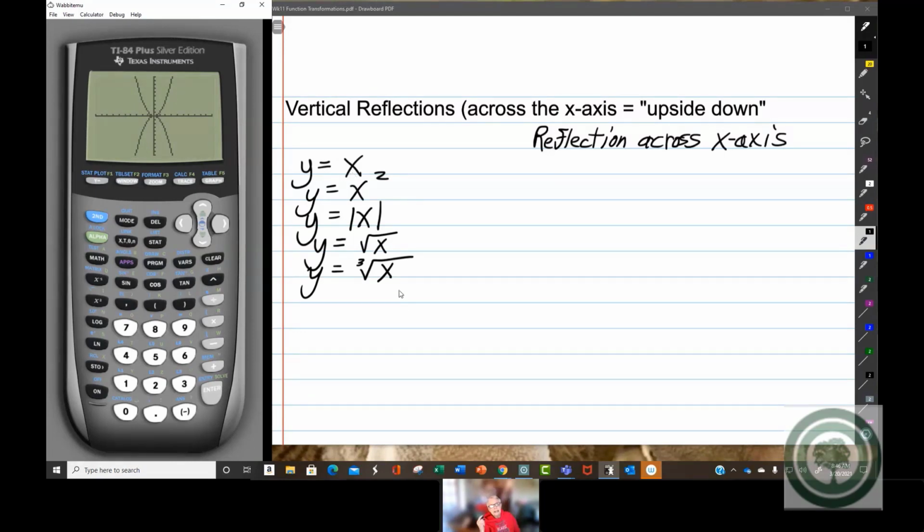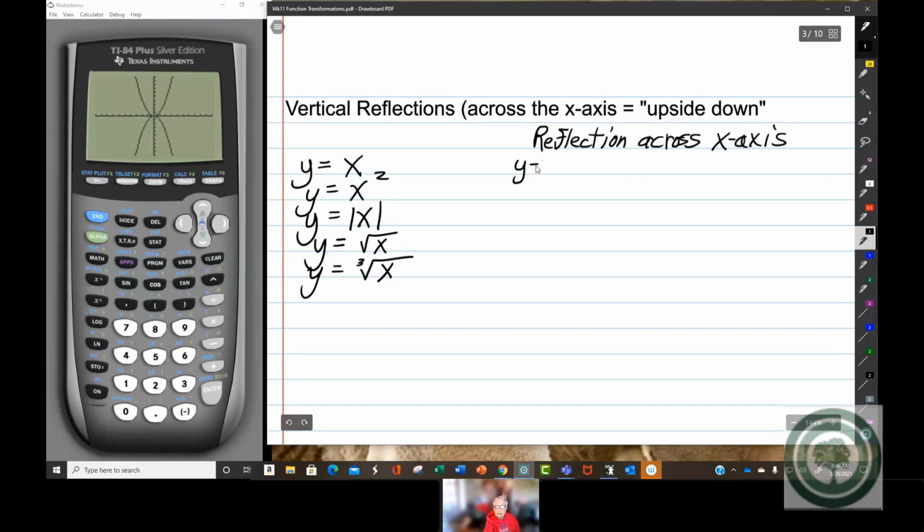If I want to reflect any function vertically across the x-axis, we'll rewrite this as y equals negative x, y equals negative x squared, y equals negative the absolute value of x, y equals negative the square root of x, and y equals negative the cube root of x. And you can turn it upside down.